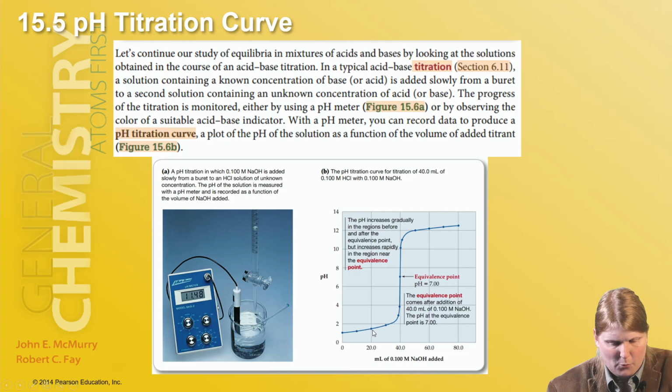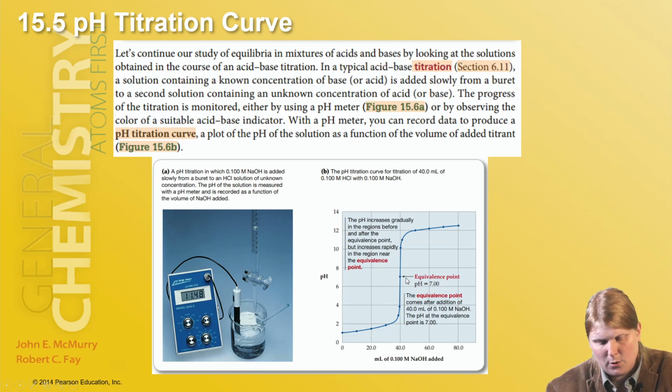So we add some titrant, which here is sodium hydroxide. Usually it's a strong acid or strong base, and we titrate the analyte, which is usually a weak acid or a weak base, to go along with whatever strong one is here. So we're titrating some weak acid with a strong base. Now we're seeing here the equivalence point is 7, so that actually tells us that this is a strong acid and not a weak acid, because the equivalence point for a strong acid, strong base system is 7.